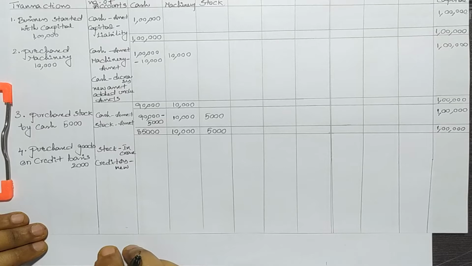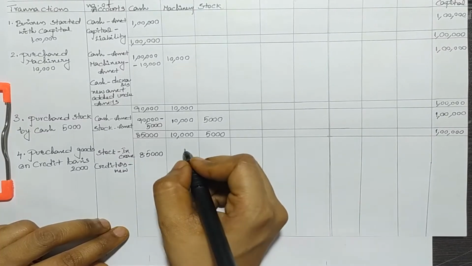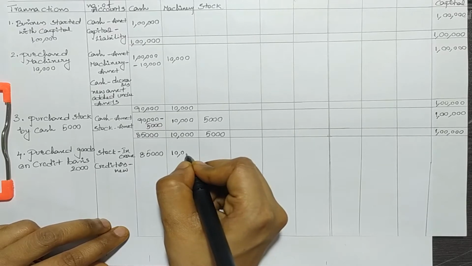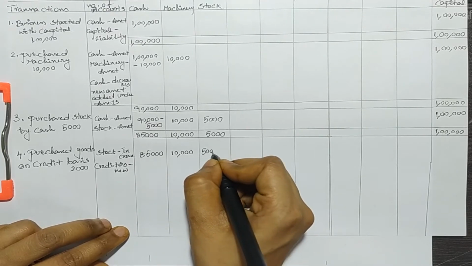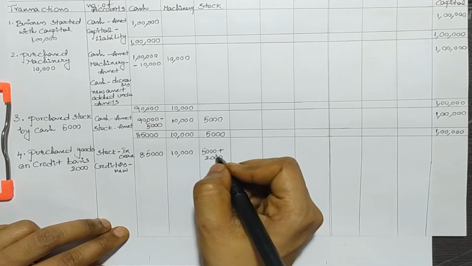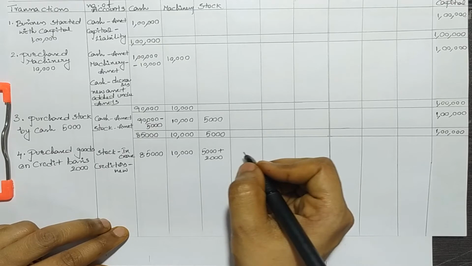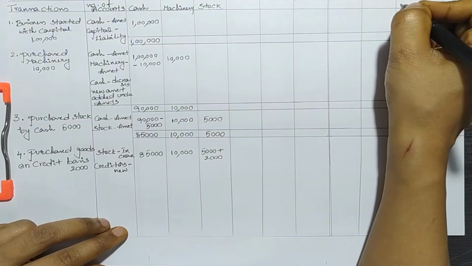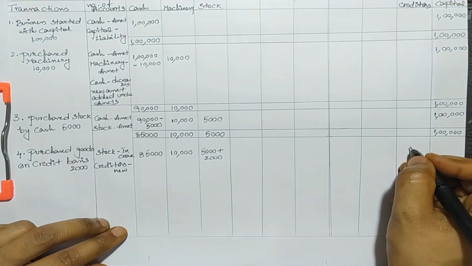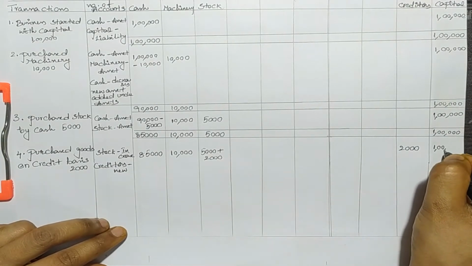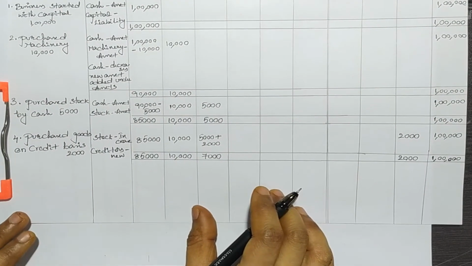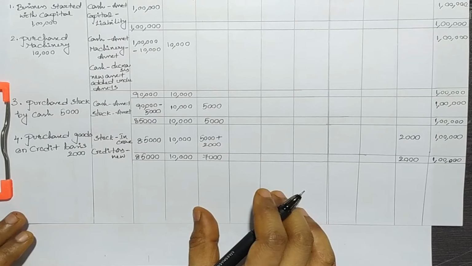Cash value is 85,000 and machinery value is 10,000, and for stock we add 2,000. So 5,000 plus 2,000 comes to 7,000. Under creditors we mention 2,000 and capital remains same, that is 1 lakh. Now if we add assets and liabilities plus capital, it comes to 1,02,000 on asset side and 1,02,000 on liabilities plus capital side.